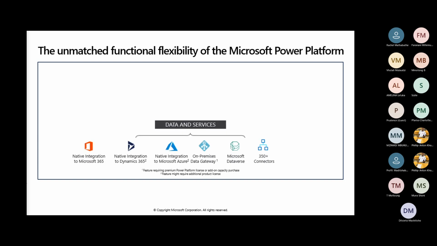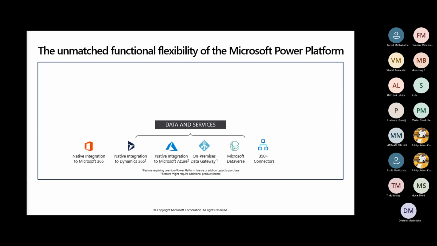So first we have data and services, which have a native integration to Office 365 services and data sources, which would include your SharePoint list, OneDrive, Excel Online, Office 365 security and compliance, users or identity, and org charts, and many more.